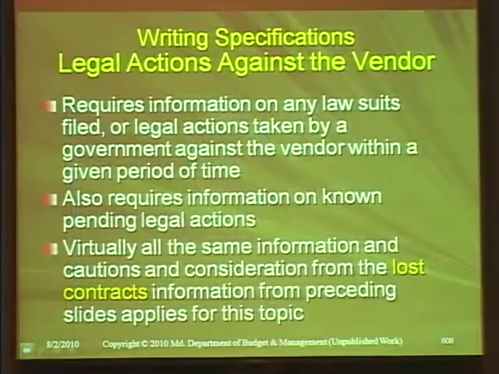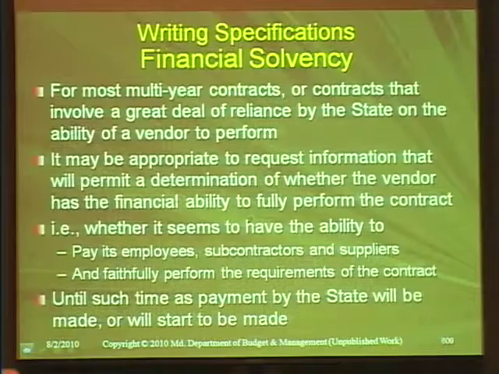What has been filed within X period of time, what do you know is likely to be filed against you? And again, we want to know the circumstances so we can try to see if there's a reason why this vendor is getting a lot of lawsuits. Virtually all the same information and cautions and considerations from the lost contracts information applies for this topic.